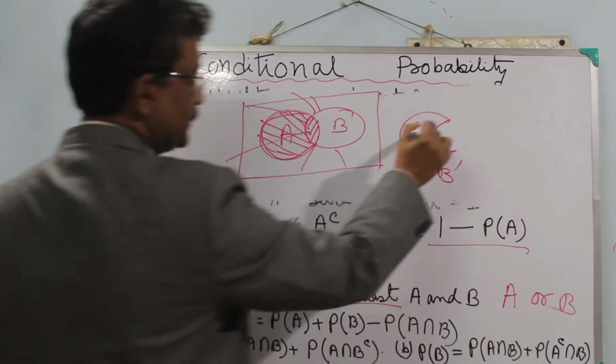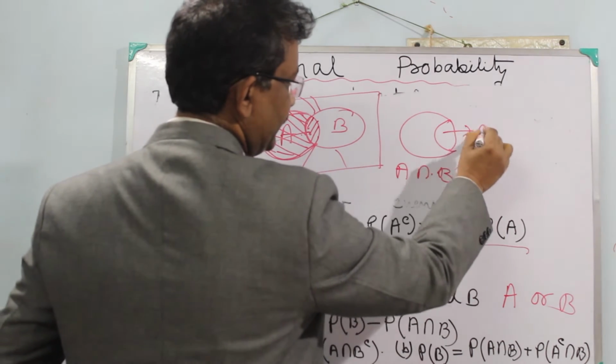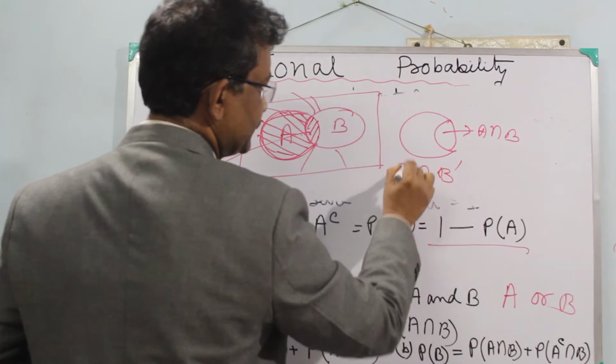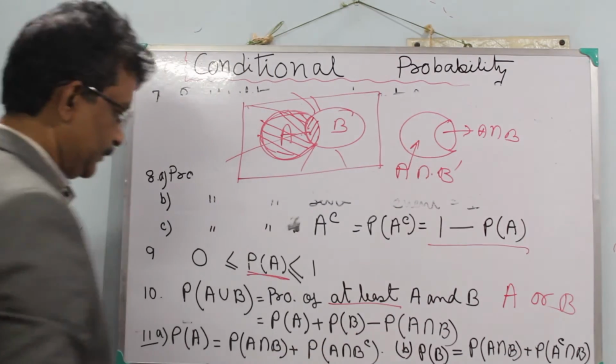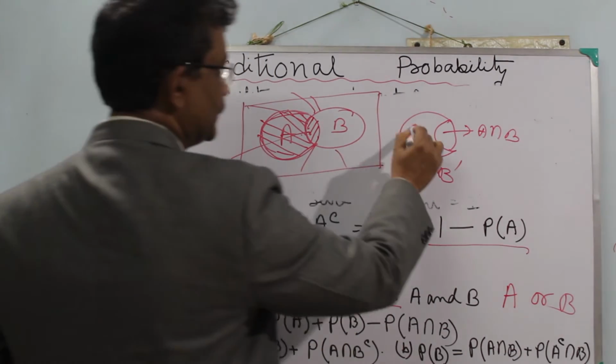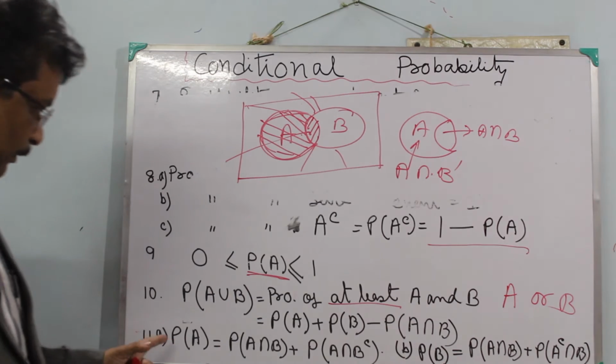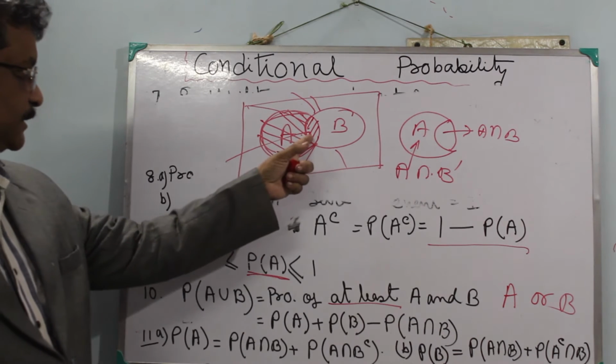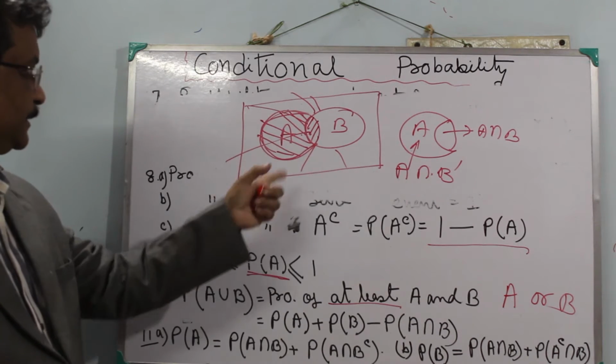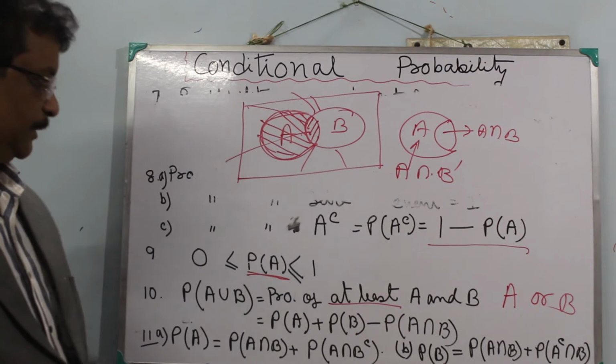So this section is A intersection B and this is A intersection B complement. This constitutes set A. The probability of A is A intersection B plus the crescent A intersection B complement.